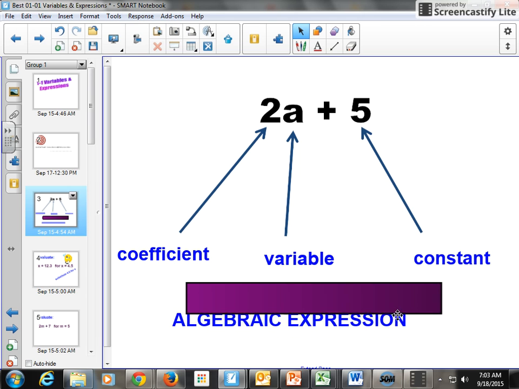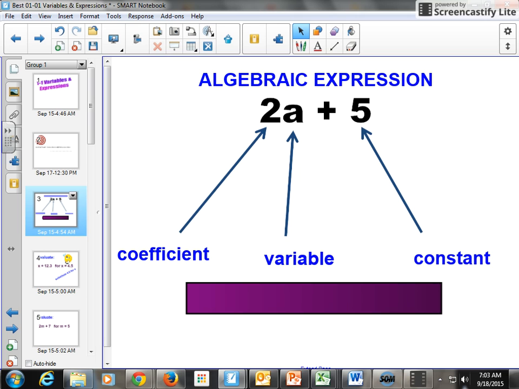All of these things together are what we call an algebraic expression. That's what we're talking about today. Now, the variable is a value that can change. Today I'm going to give you a value to substitute for the variable, and you simply need to perform the operations and get a final answer. So let's look at some examples.